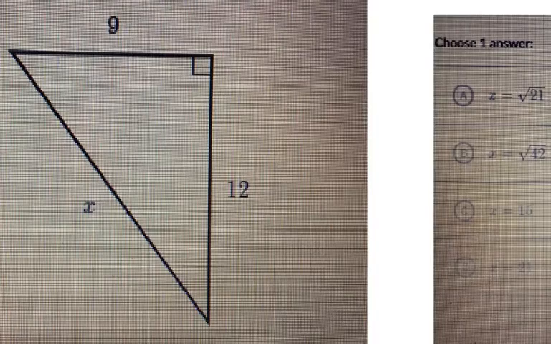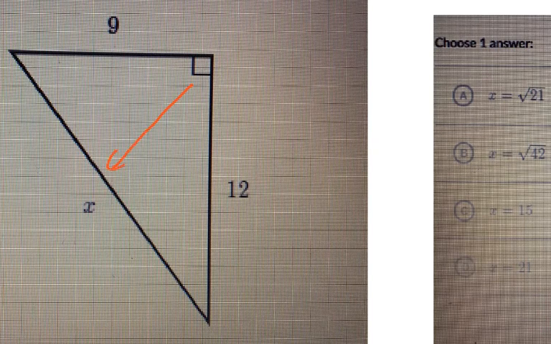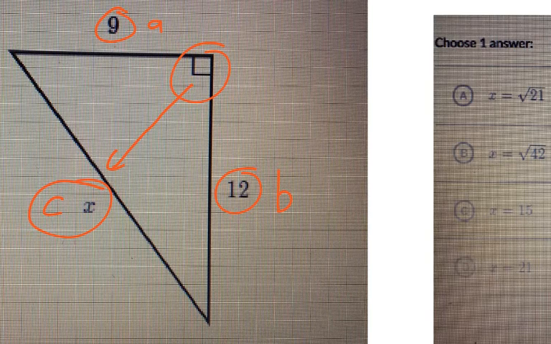Okay, let's do another one. Notice here, again, the hypotenuse opposite the 90 is X again. I'm going to call 9 my A, 12 my B. Now, by the way, if you don't know, it doesn't matter which one you call A or B, but the C must be your hypotenuse. Okay? So here I go.